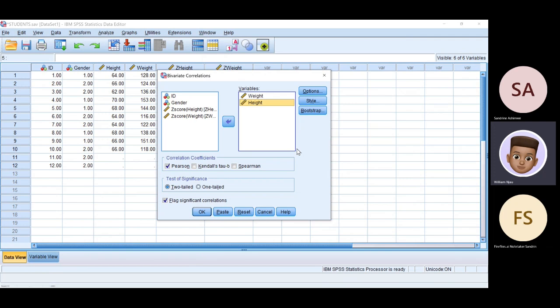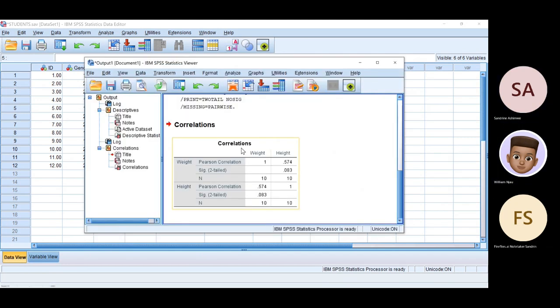I can't describe that accurately for now, but just know it normally prefers two-tailed. It's also asking you to flag significant correlations. I'll show you what that means when you're interpreting the data. Okay, so just click. Now it has generated that particular data set for you.